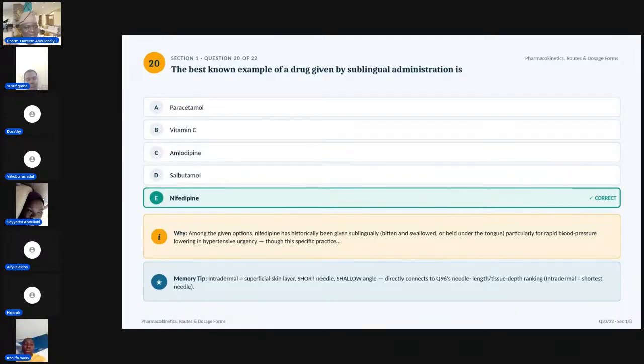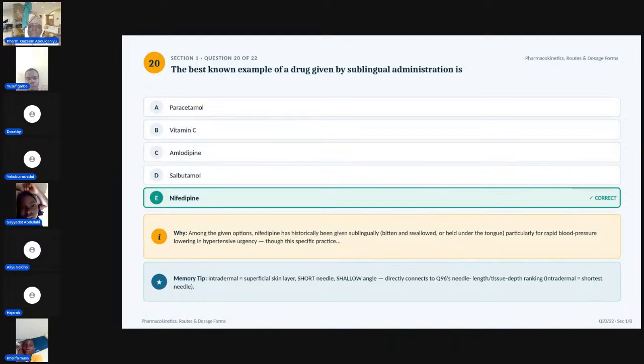Nothing. Amlodipine is also not given sublingually. Salbutamol is not, but you would have heard that there's sublingual nifedipine that is given, right? So if I were the one setting this question, I will remove nifedipine and I'll put nitroglycerin for you. You can write it down.